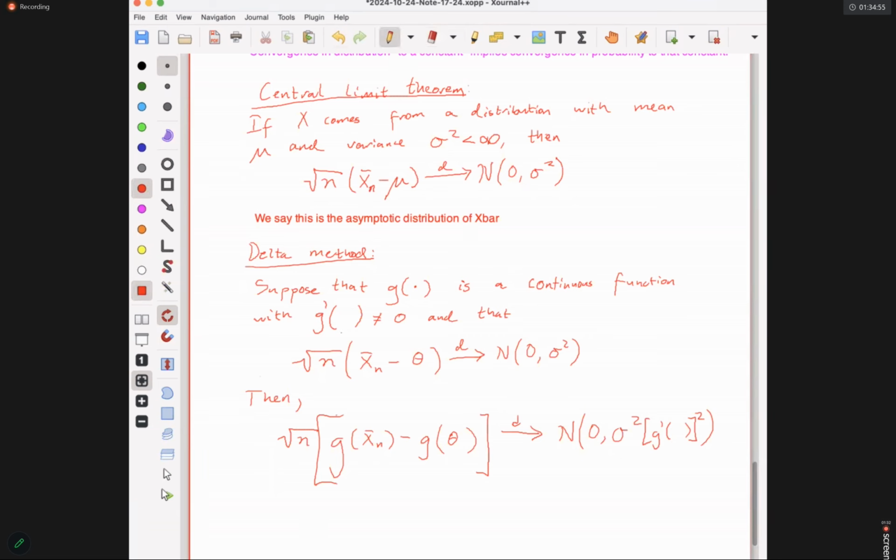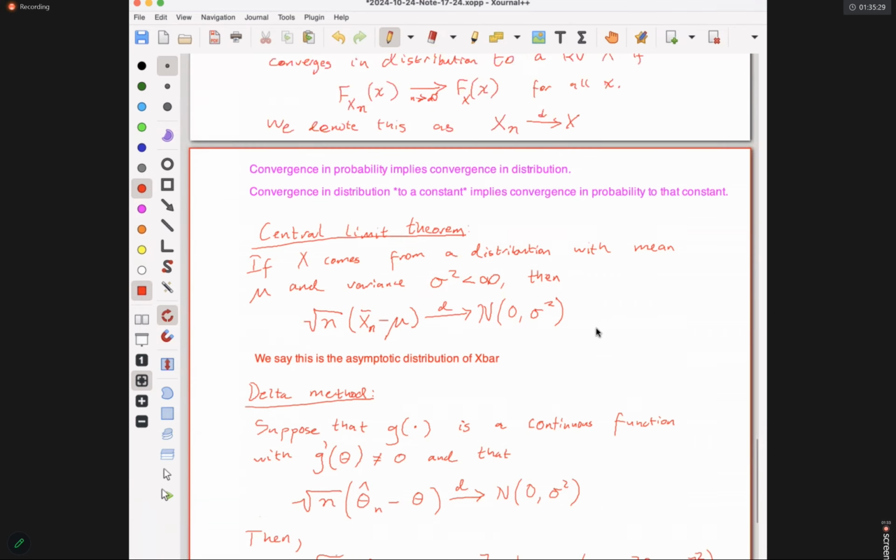So here I'm just using theta in place of mu, and I'll use theta hat in place of x bar, just because this is the more formal statement of it. That is more generalizable. But if the central limit theorem applies, then theta hat can be x bar n, and theta can be mu.